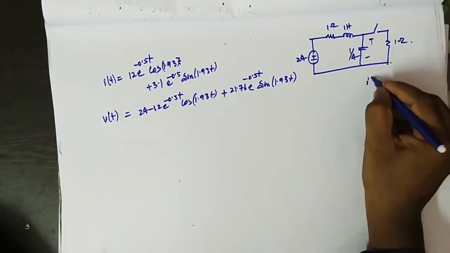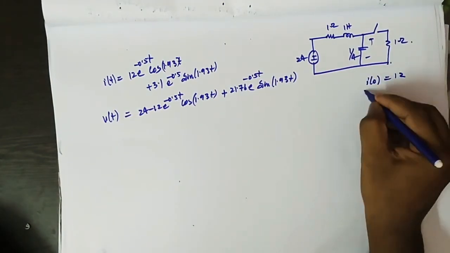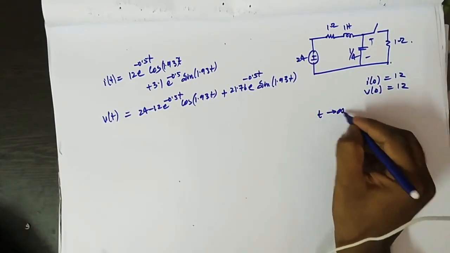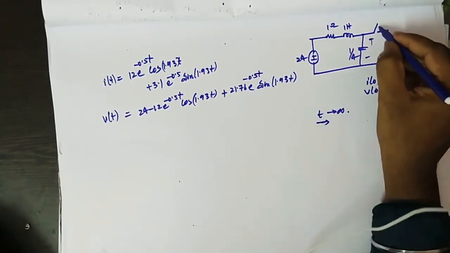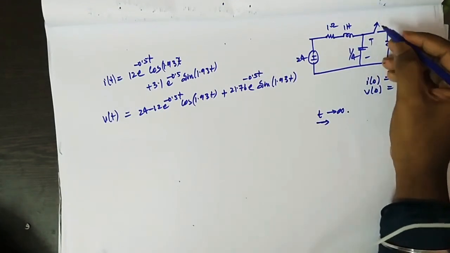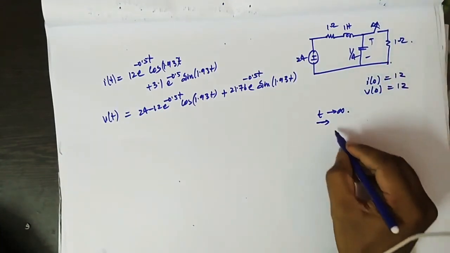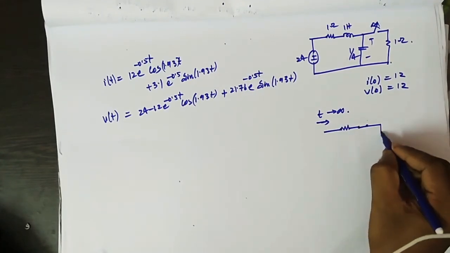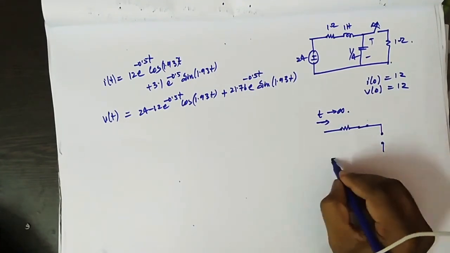So we find I of 0 equal to 12 and V of 0 equal to 12. So at t tends to infinity, the circuit becomes what? The switch is opened for a long time and the inductor gets shorted and the capacitor is opened.